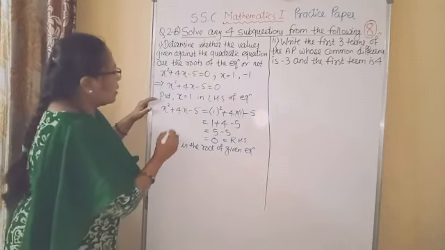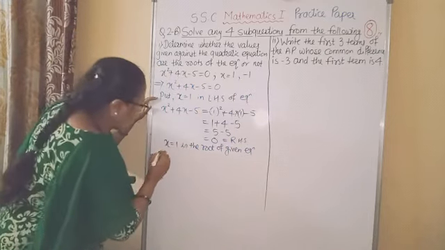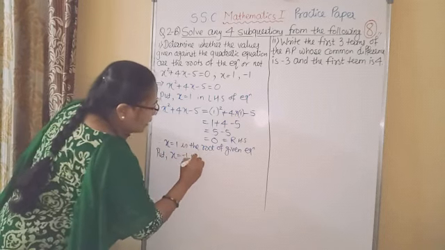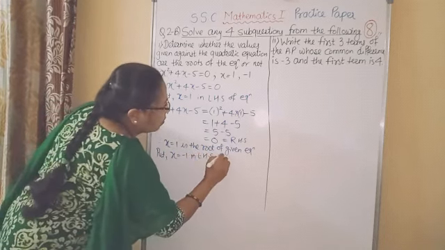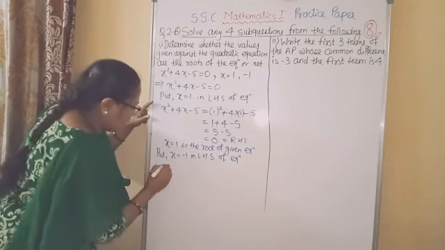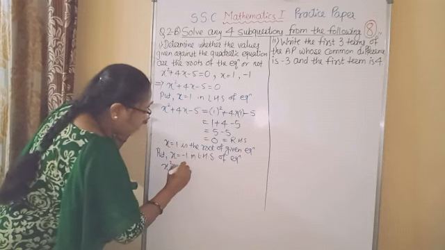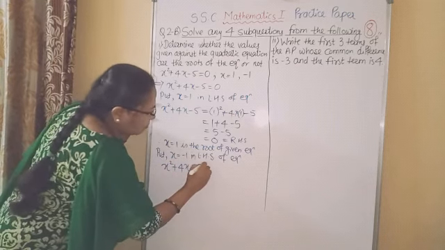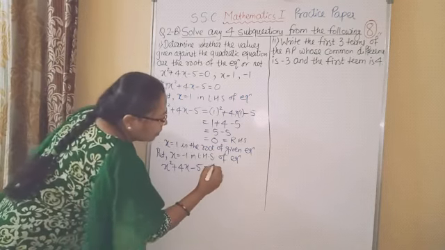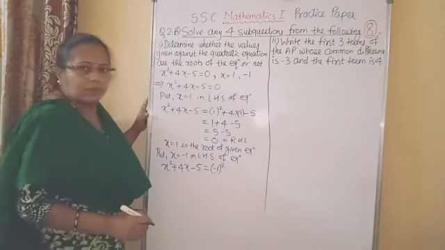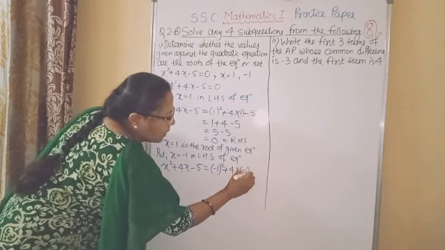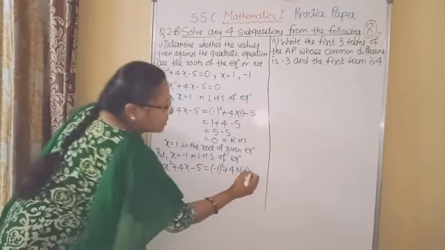Then the next value is minus 1. So put x equal to minus 1 in LHS of the equation. Left hand side of the equation is x square plus 4x minus 5. Put x equal to minus 1: minus 1 square plus 4 into minus 1 minus 5.